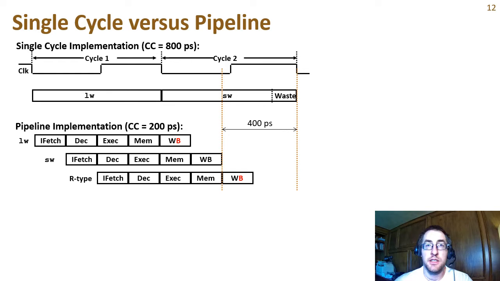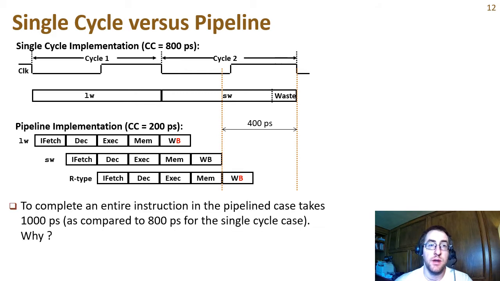So in the single cycle design, we had wasted execution time at the end of an instruction. Now we're going to have a little bit of wasted execution time within each instruction, within, for example, the decode and write back stages. But overall, we're going to have a much more effective and performant pipeline.